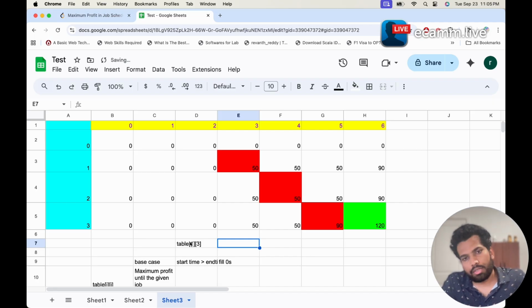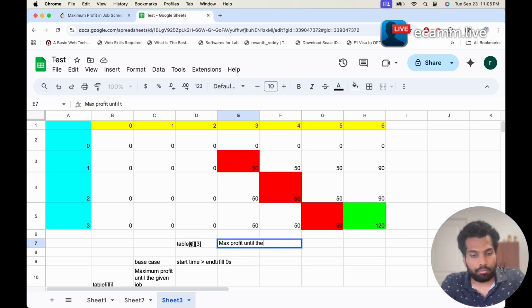So what does the value here represent? I think the value here represents the maximum profit possible for a given start and end time.